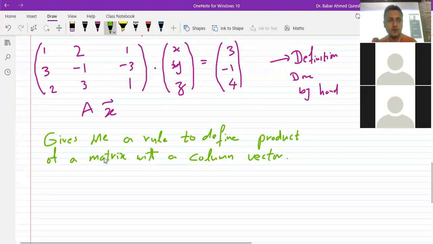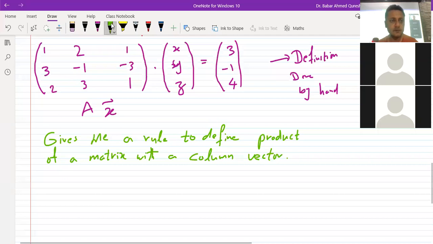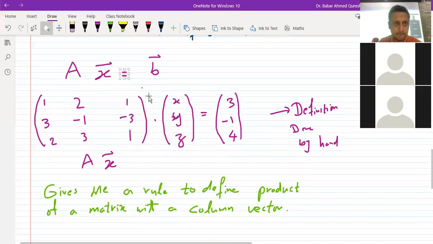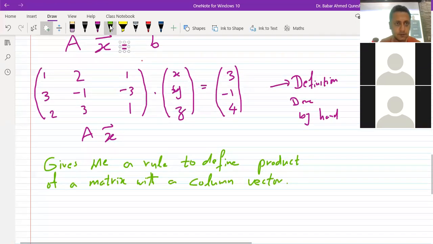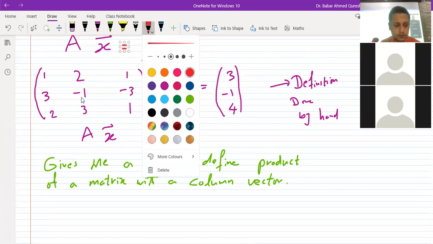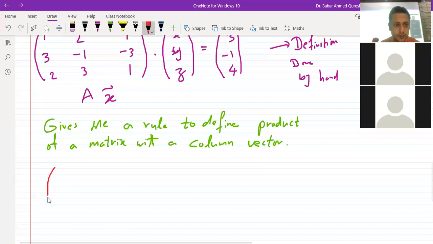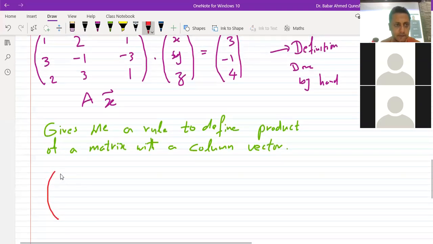So the rule is whatever is going to give me back my original equations.